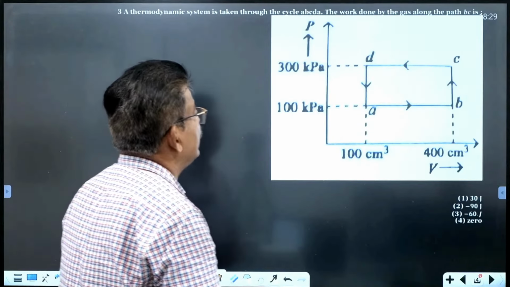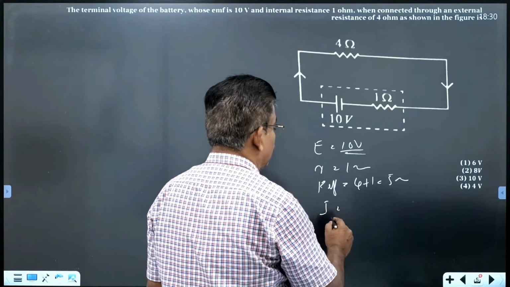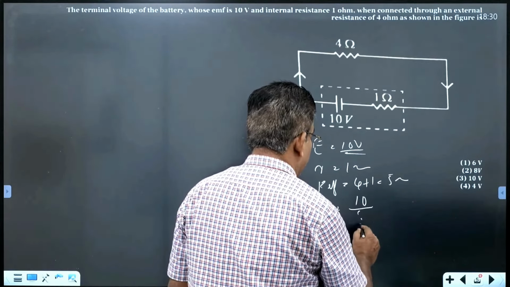A simple circuit is given. Circuit EMF is 10 volt and internal resistance is 1 ohm. Effective resistance is 4 plus 1, that is 5 ohms. Circuit current will be 10 by effective resistance, that gives you 2 ampere.